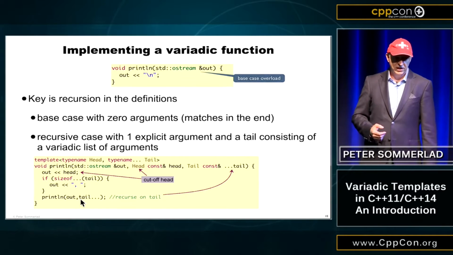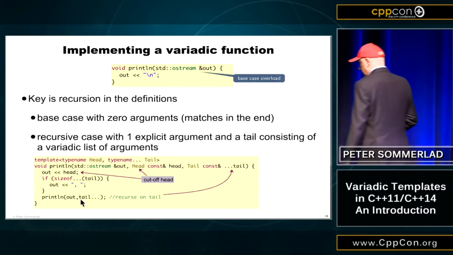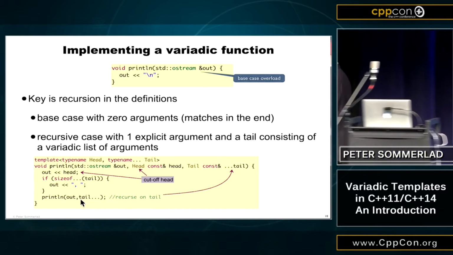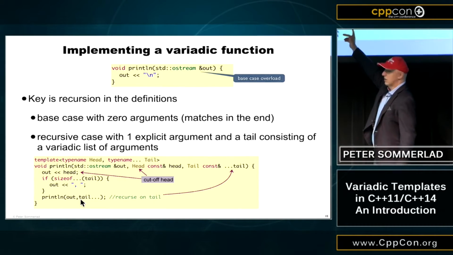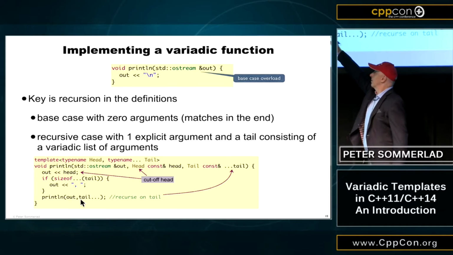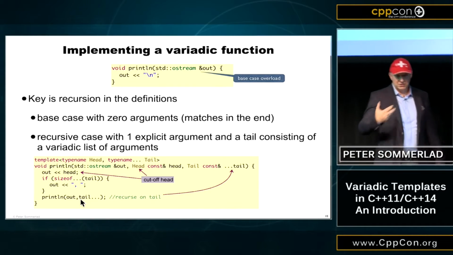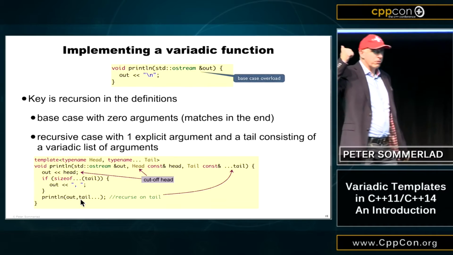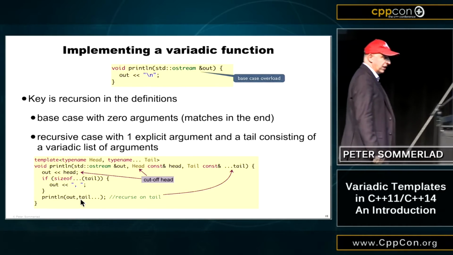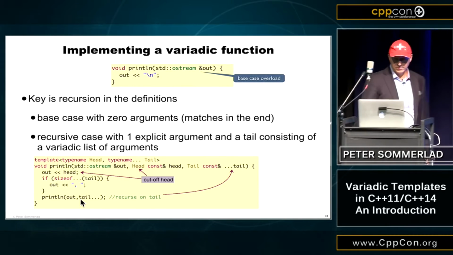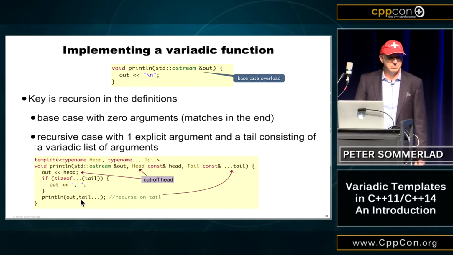Whenever the tail is actually empty, it's println with just out, which we provide an overload for upfront without any arguments, and then the other println actually gets called.